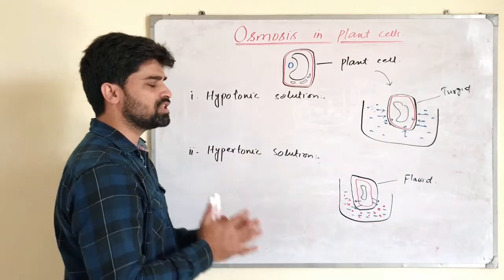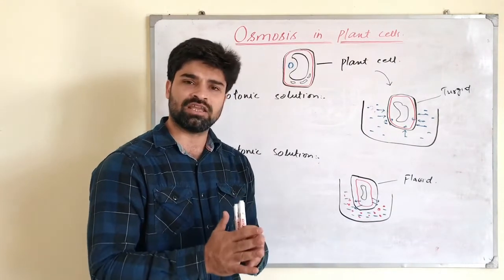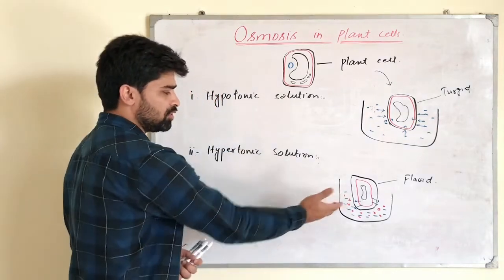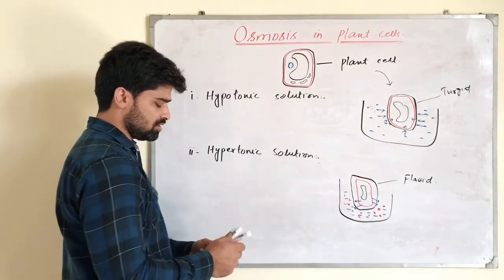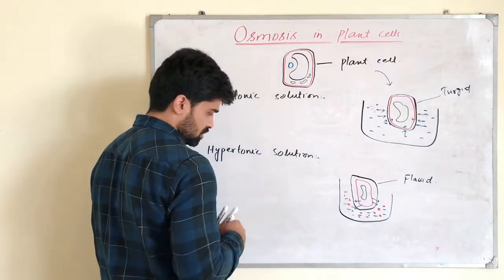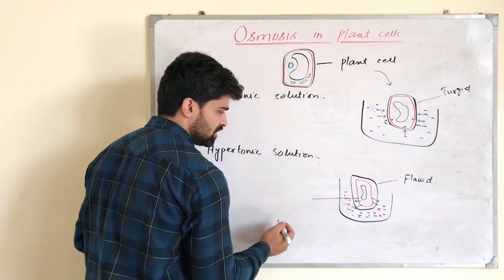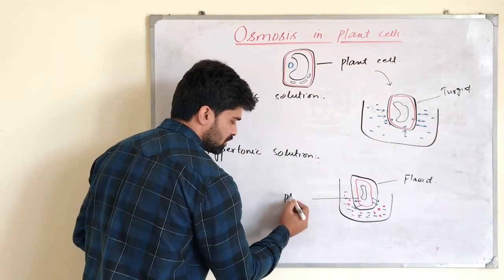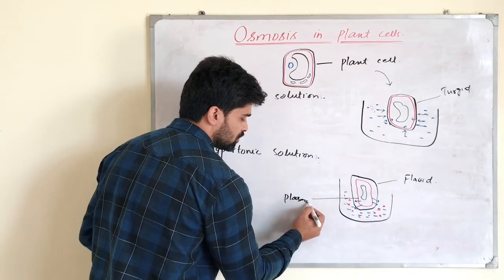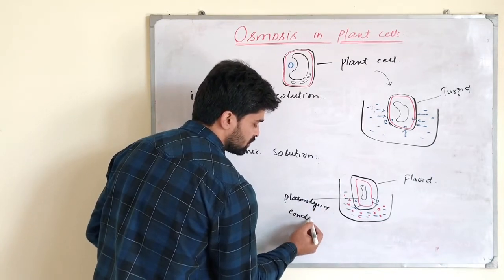And if we put that plant cell for a long time in a hypertonic solution, that condition will ultimately change into plasmolysis. That will result in the plasmolyzed condition.